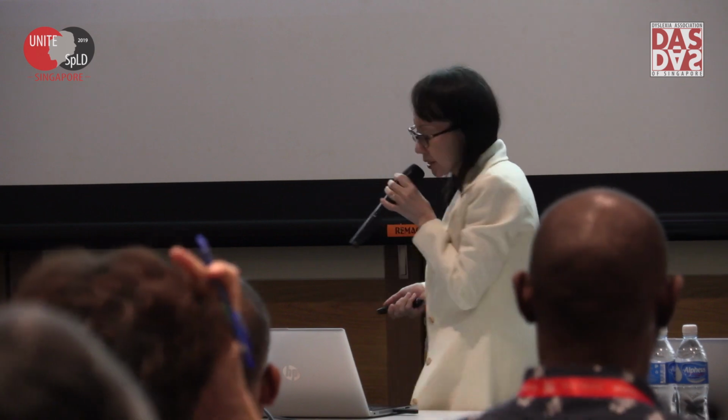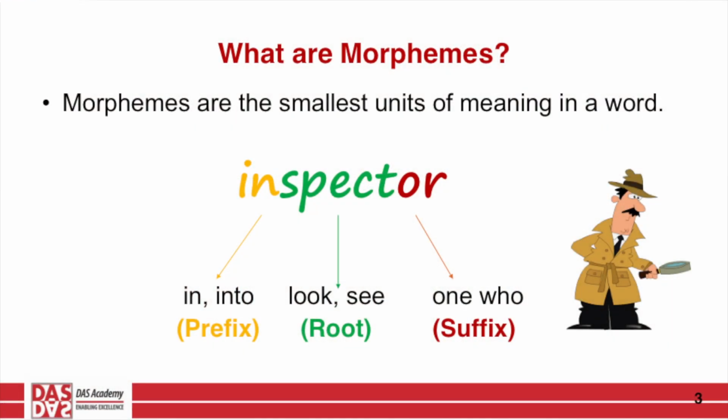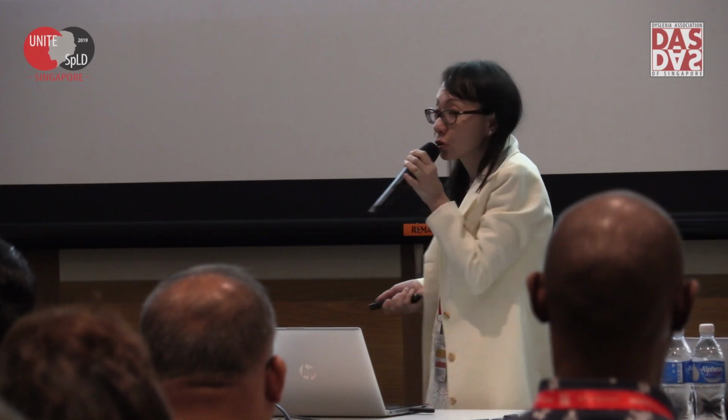If we look at the word inspector, we can see that it's made up of the prefix in, which means in or into, the root spect, which means look and see, and the suffix which means one who. So an inspector is one who looks closely or sees closely.